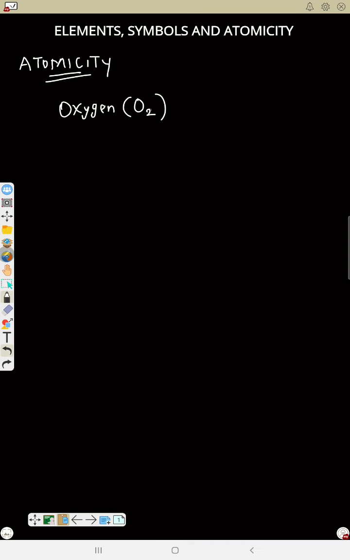Why? It has 2 atoms in its molecule. This is 2 atoms of oxygen. The subscript here represents atoms. If I write O like this, it is 1 atom, because the subscript will be 1, and we don't usually write subscript 1. But if I write subscript 2, then this is 2 atoms of oxygen.